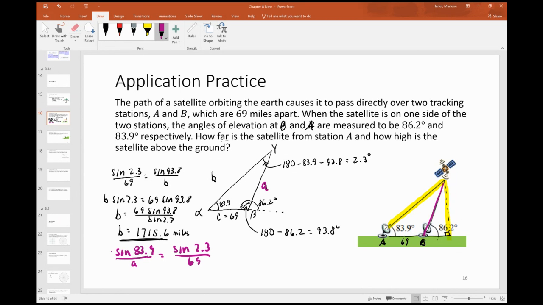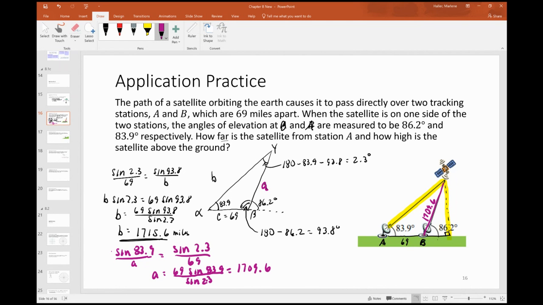Cross products and division will give us our solution for A. It's going to be 69 times the sine of 83.9 divided by the sine of 2.3, which, when I put that in the calculator, is 1,709.6. So let's stick that in there, 1,709.6.